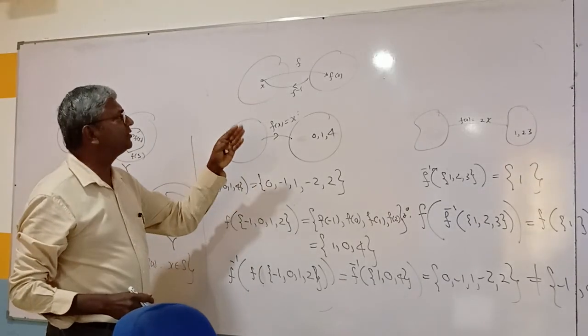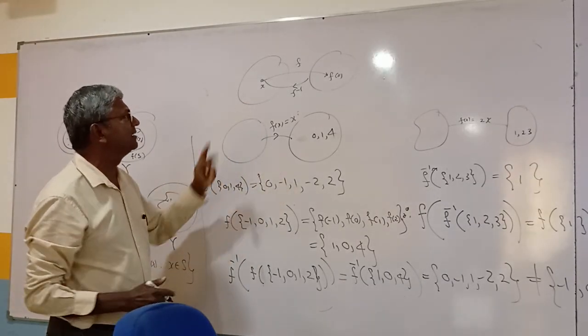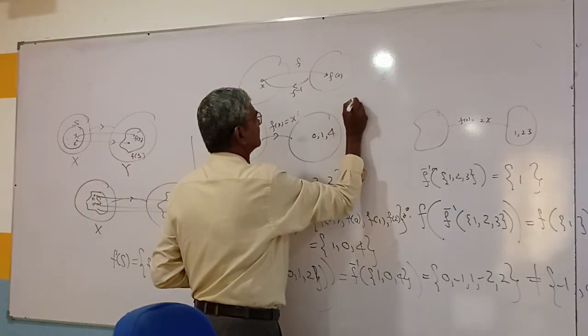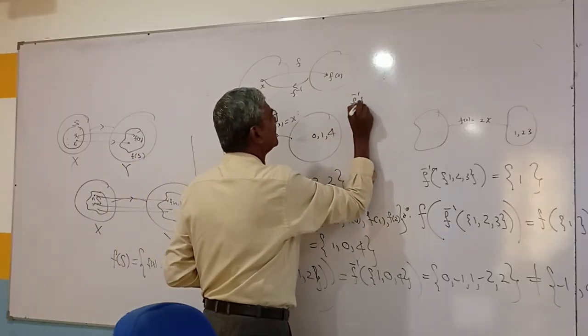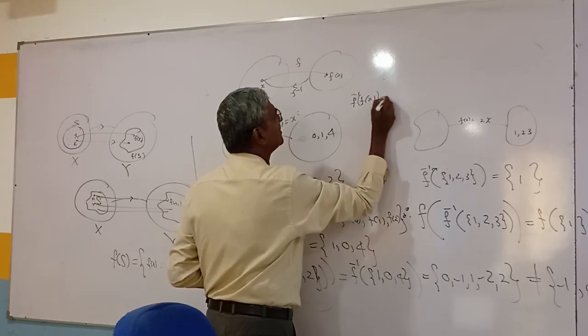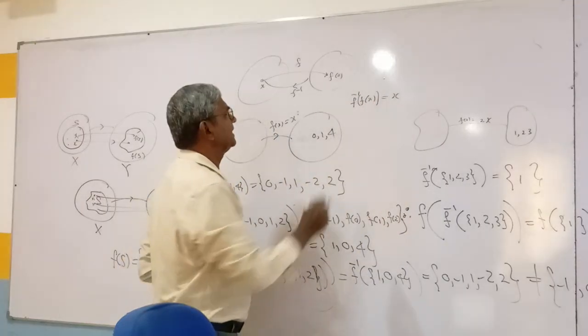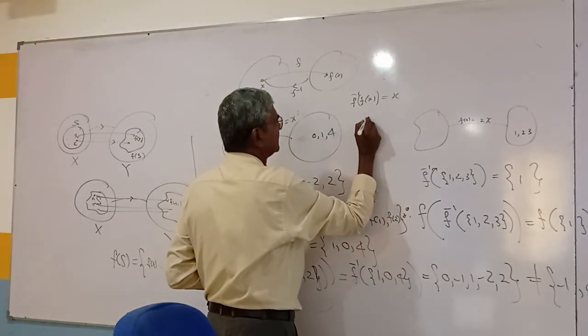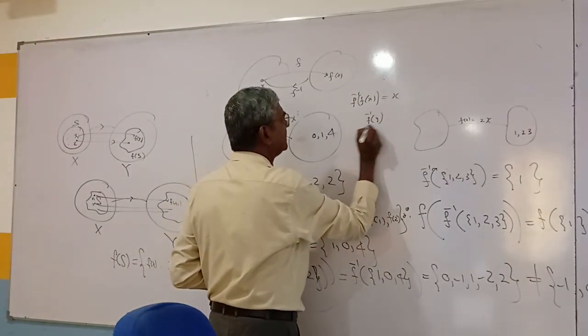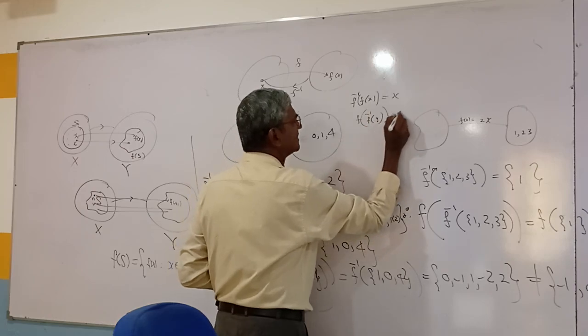So you may think that when f is one-to-one, f inverse of f(x) is equal to x, and when you have y, f of f inverse of y is equal to y.